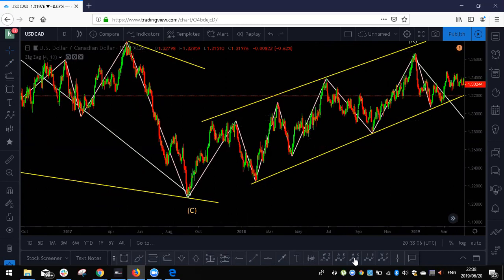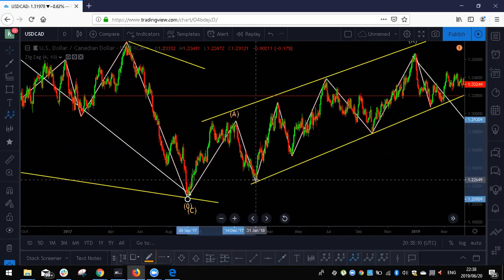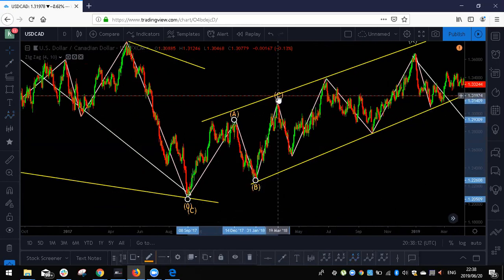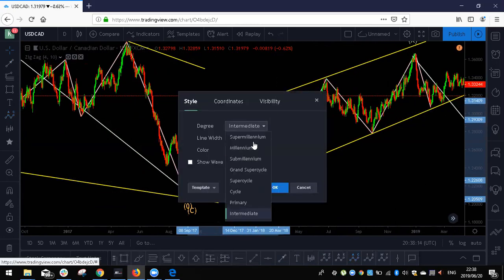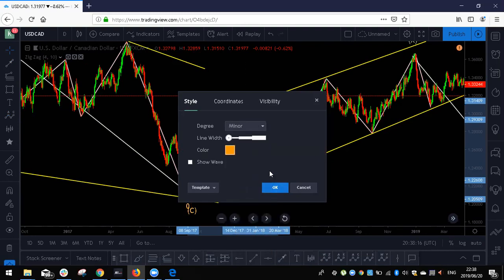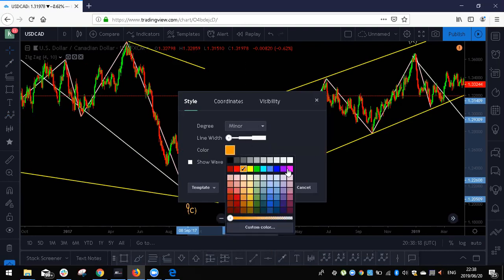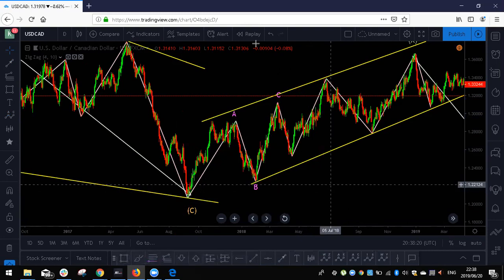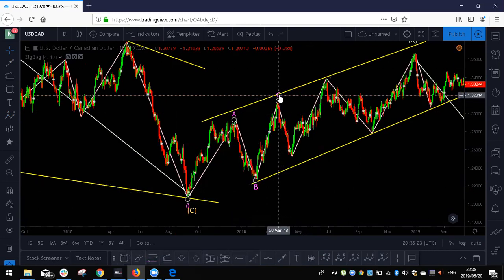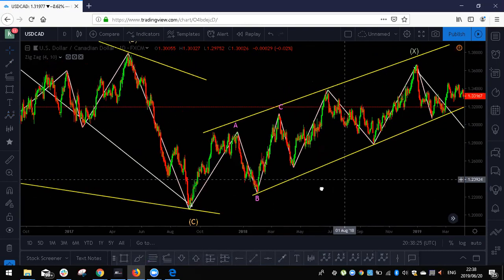So you can do this A, B, C like this, unless the price is showing a triangle. You're always going to pull your ABC. It's an ABC, and it's ending there.